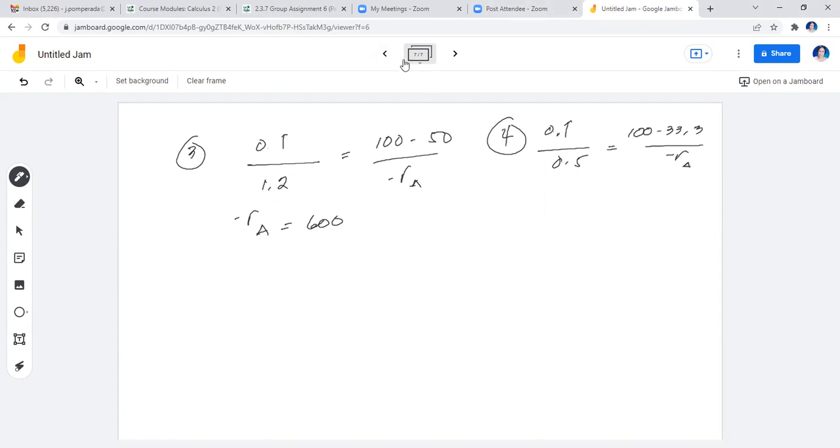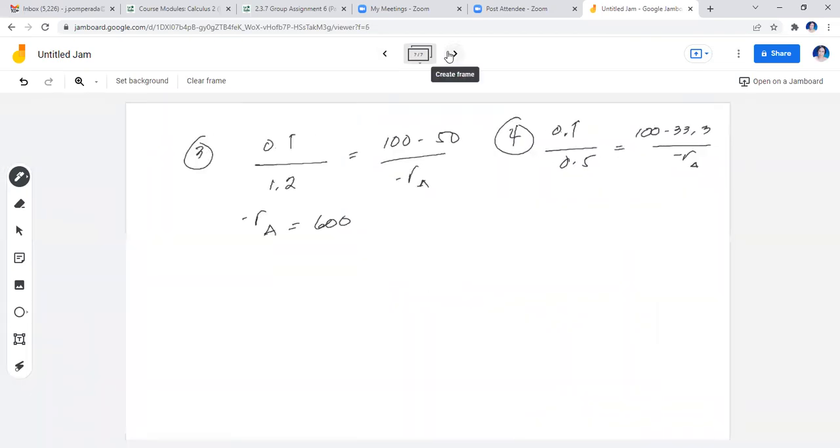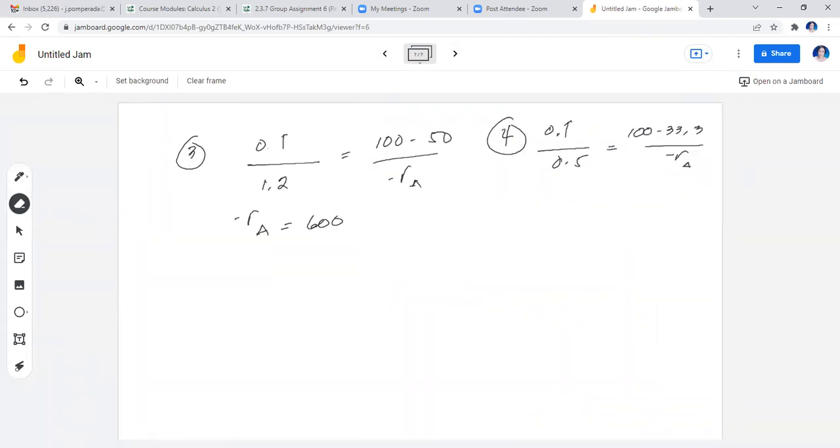Wait, is it 33.3 or 33.4? It's 33.4. So I have now my rates. My rate here is 333.